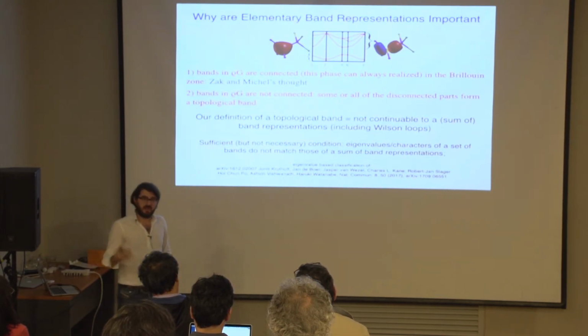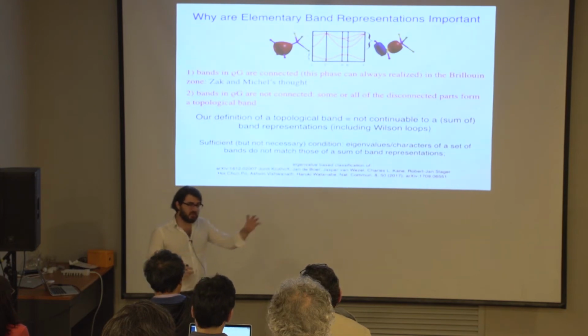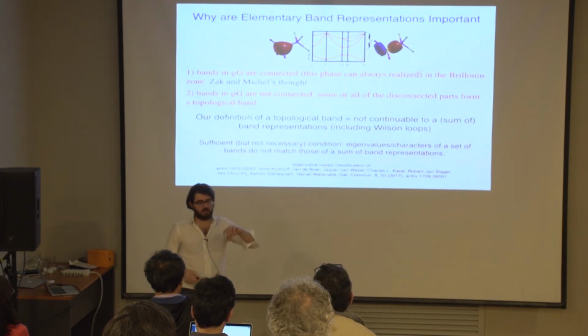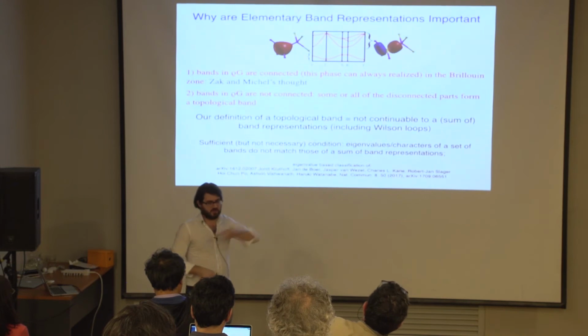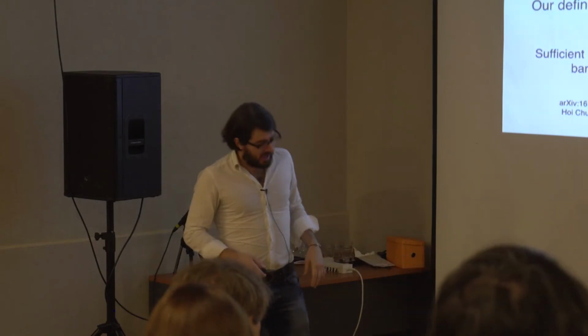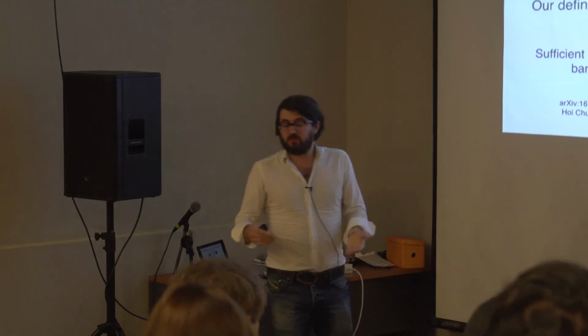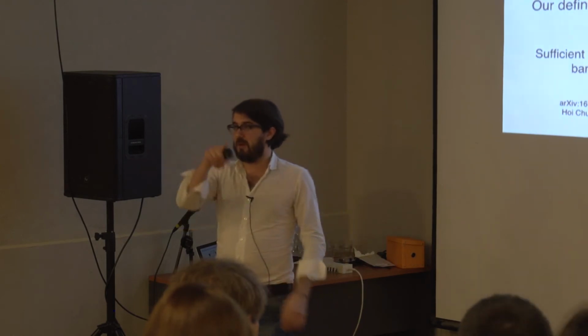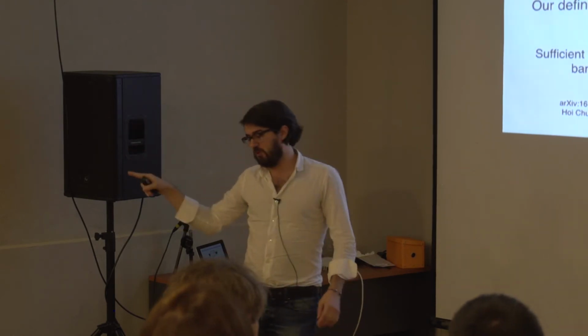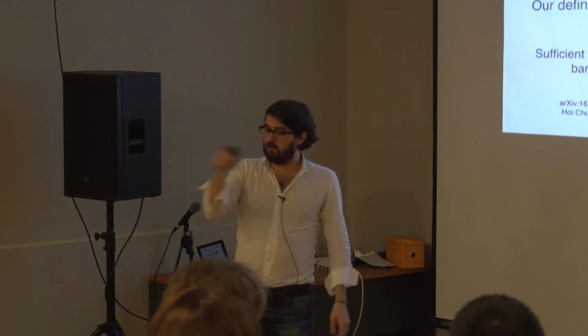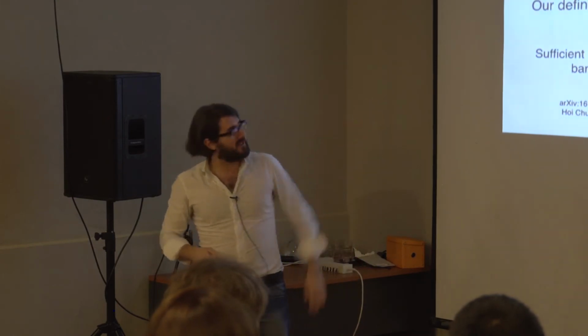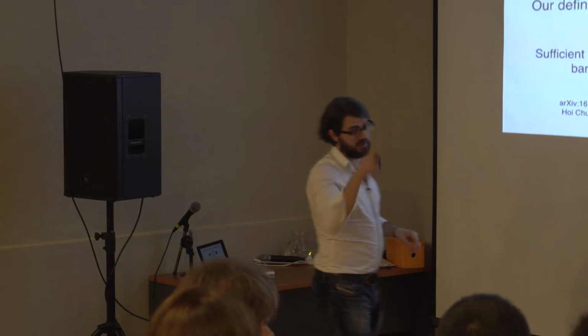They solved it for, I think, 5 or 6 groups. They actually looked at the connectivities through a method that I'll show afterwards. They looked at the connectivities in the Brillouin zone for 5 or 6 groups. And what they found was that for those groups, elementary band representations were connected as you move through the Brillouin zone for some models, and then you can prove by symmetry arguments alone without models that they were connected.